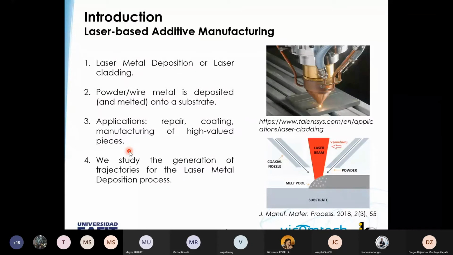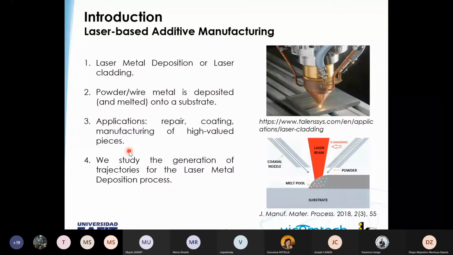This is an additive manufacturing process in which powder or wire metal is deposited onto a metallic substrate, and this deposited material is melted by a high power laser. This process has several applications in repair, coating, refurbishment, or remanufacturing of high value industrial pieces.